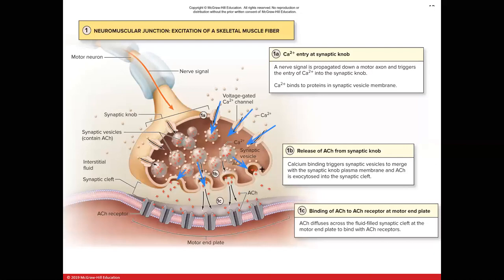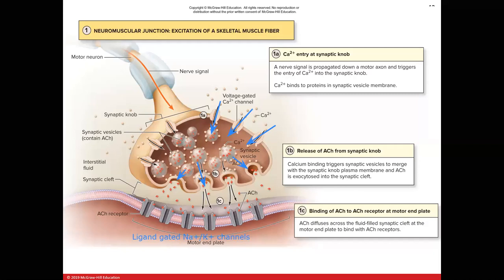As these vesicles reach the edge of our axon, they release their contents, which is acetylcholine. Acetylcholine crosses this synaptic cleft and binds to the channels that we find on the motor end plate. These channels are our ligand-gated sodium-potassium channels, and they open in response to acetylcholine binding to them.